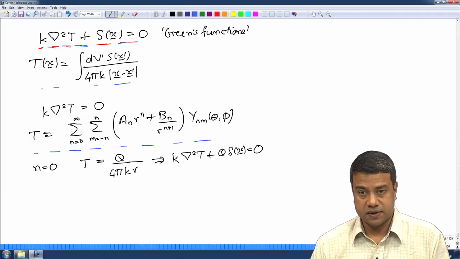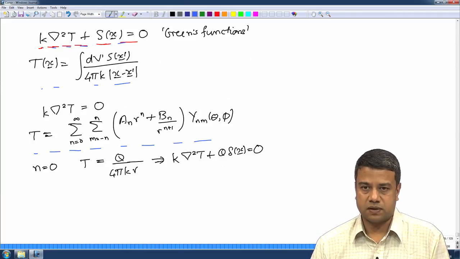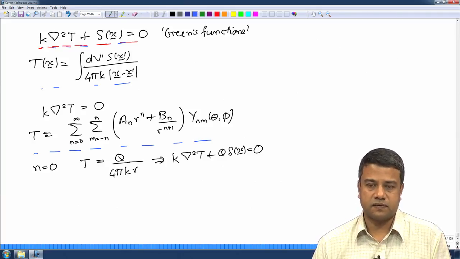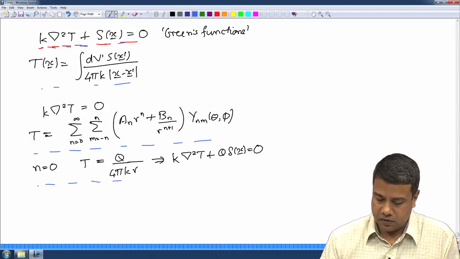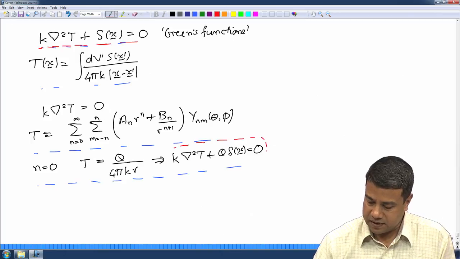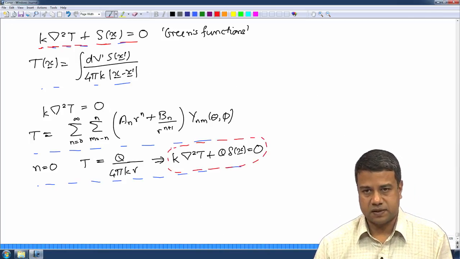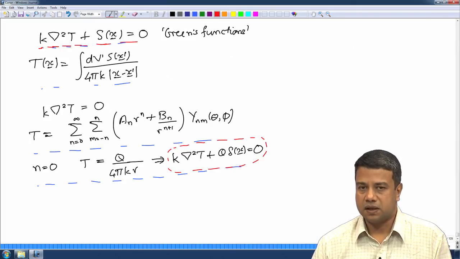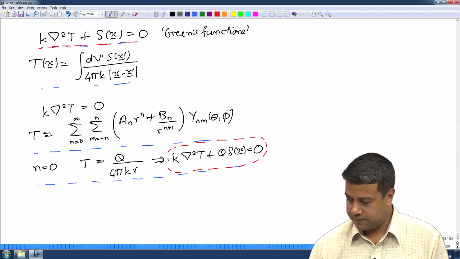So, for n equal to 0, I told you it is a point source. We had already solved the equation for a point source. You just get q by 4 pi k r. That is the exact solution that you get by solving this as well for a delta function source. What do the other terms in this expansion mean?